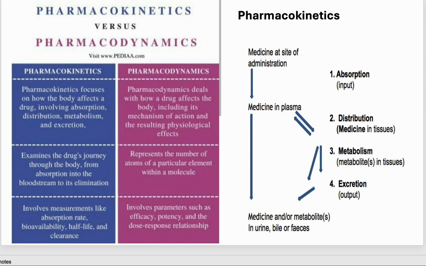Once the medicine goes to the plasma, it's distributed to the circulatory system and tissues. The third part is metabolism. In metabolism, the drug is broken down into metabolites that are more or less inactive forms of the drug, and then it's excreted out of the body.